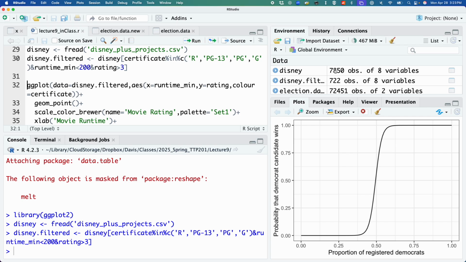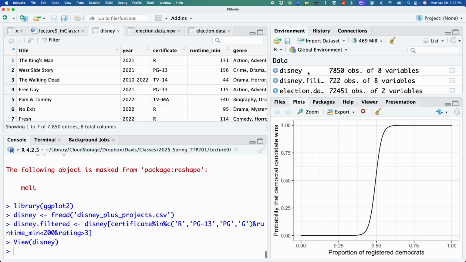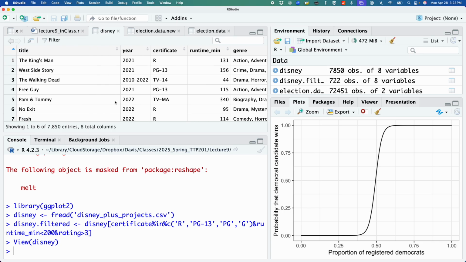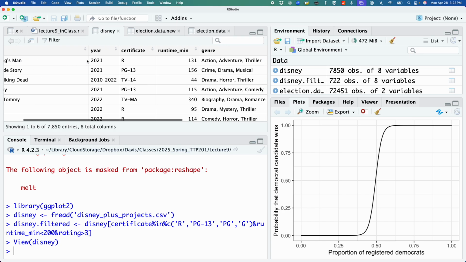Okay, so I have some data called Disney. This is a data set that looks at TV shows and movies on the Disney network.